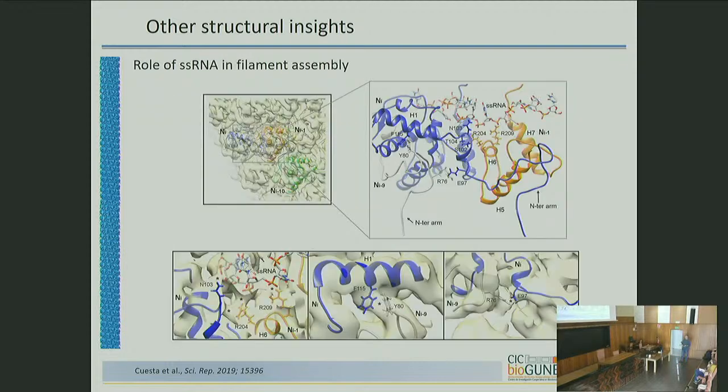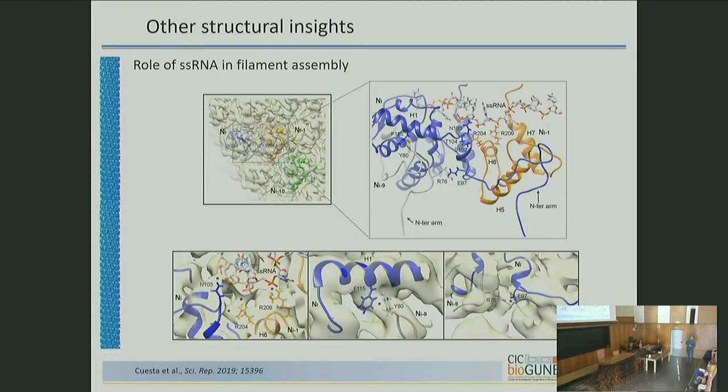Well, in this case, it helps us to understand the role of the RNA. This is the atomic model of the virus, and not the VLP. And you can see here that it's a network at the boundary between subunits. What is nice is that both the N-terminal region, which is this one, and the acceptor region, which is this one, the acceptor for the N-terminal arm of the other subunit, both depend on interactions between some residues and the RNA, particularly those arginines here, and some residues with the N-terminal arm.